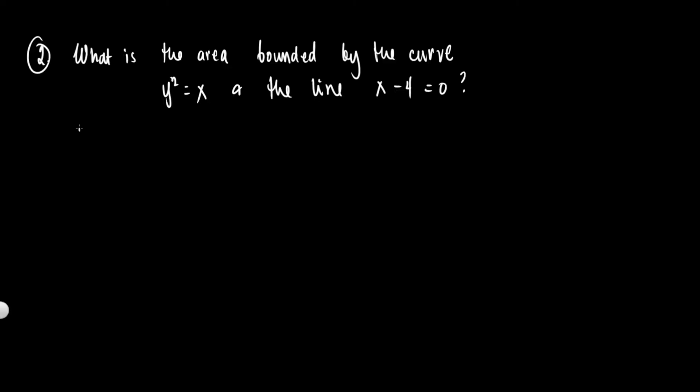So, solution. Equation is y squared equals x and x minus 4 equals 0. So, x is 4. Substitute. So, we have y squared equals 4. Therefore, y is equal to plus or minus 2.